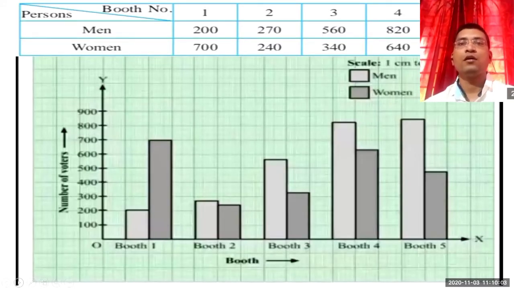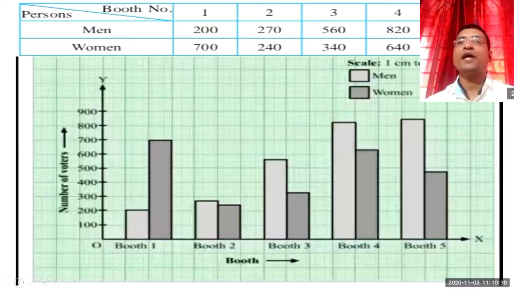Look at the x-axis. Booths are given, where people came to give votes. Booth numbers are given 1, 2, 3, 4, 5. On the y-axis, you will see the votes given by the men and women combined: 100 votes, 200, 300, 400, 500, 600, 700, 800, 900.